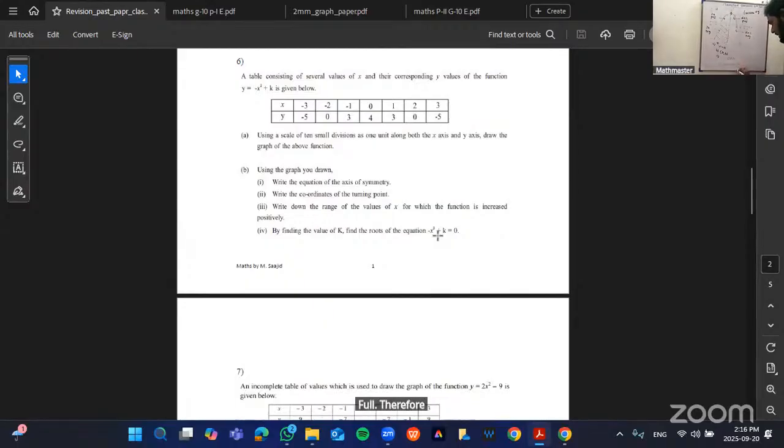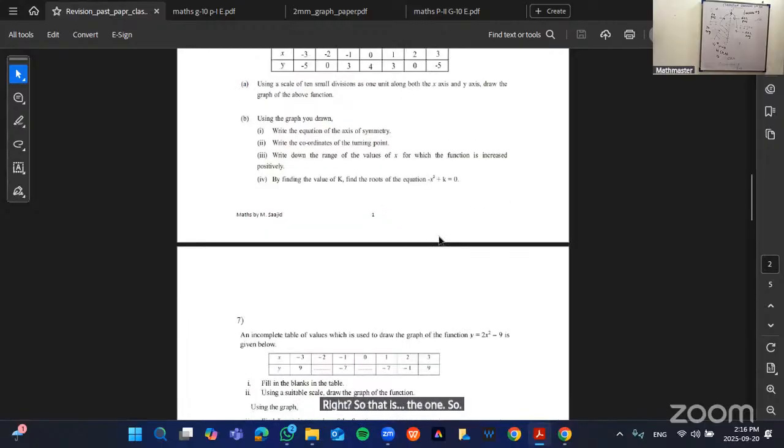Therefore, k equals 4. They say y equals -x² + k, and this k means the maximum value. So the maximum value is 4, and k equals 4.